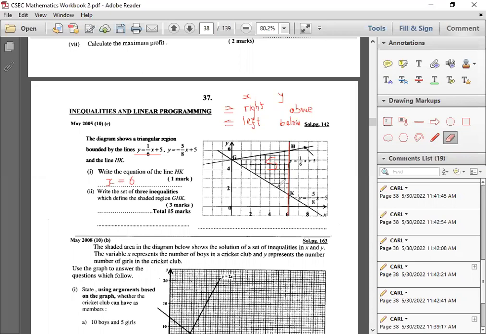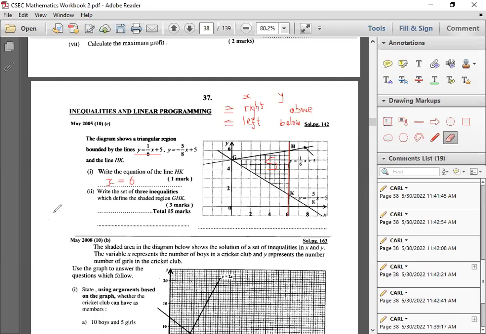So let's take this line here, the line that says y is equal to -5/8x plus 5. Where is the shaded region of that line? Above or below? This is the line. Above? It will be above.